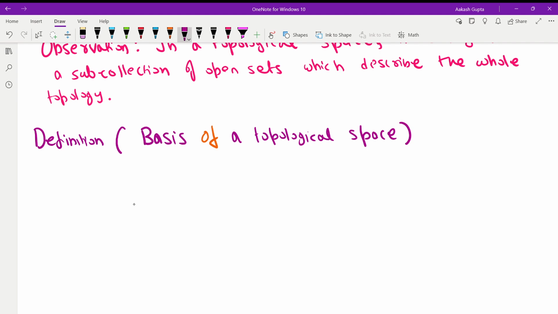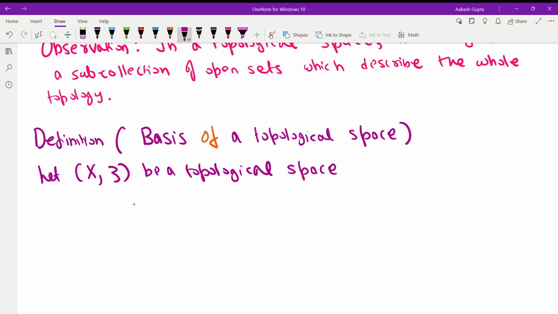So you have to start with a topological space. So let (X, tau) be a topological space.